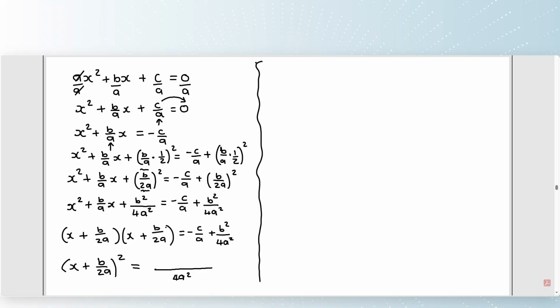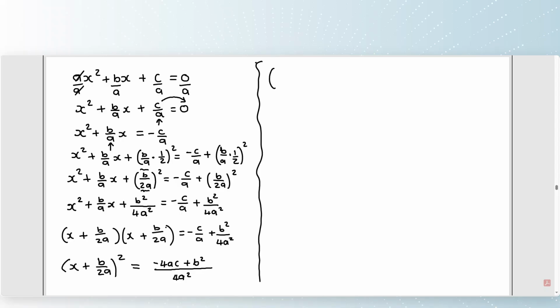When a goes into 4a squared, it will leave 4a, because a is going to cancel 1a there. So 4a multiplied by that numerator is going to be 4ac plus, when 4a squared divides 4a squared it's going to be 1. 1 times that numerator b squared is going to be b squared. Great.